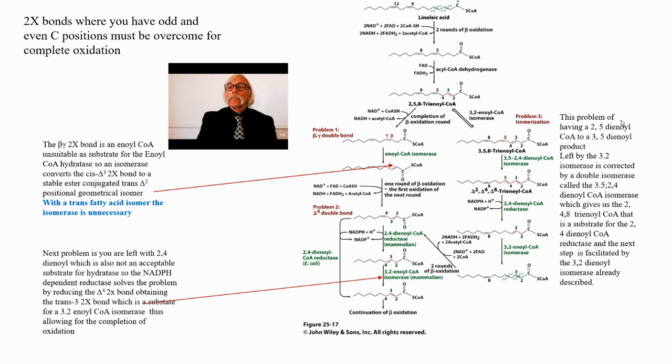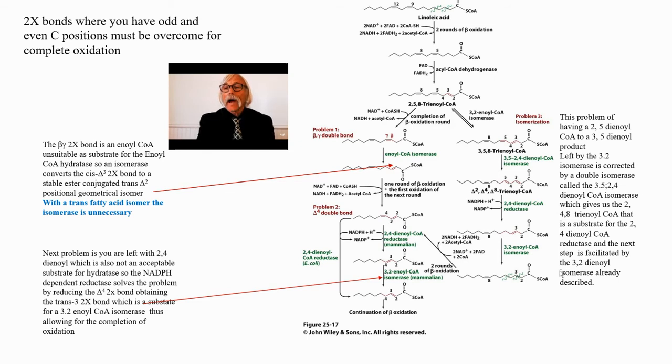The problem here is going from a 2,5-dienoyl-CoA to a 3,5-dienoyl-CoA product. So you had 2,5. We're not even talking about the 8 here because this is the business end of what's going on. But now you've got a 3,5. So you had a 2,5, now you have a 3,5, after this isomerase, the same isomerase that functioned down here.